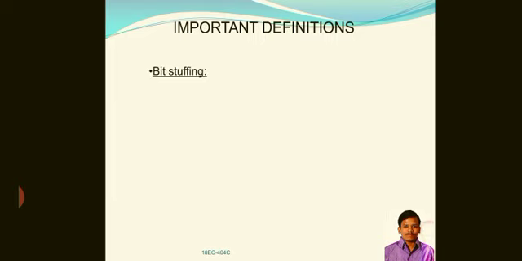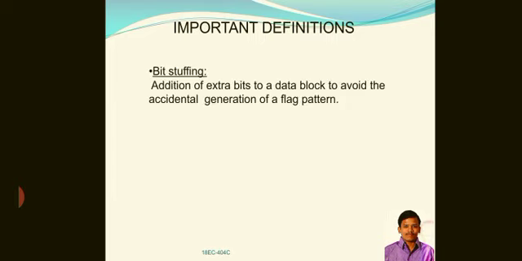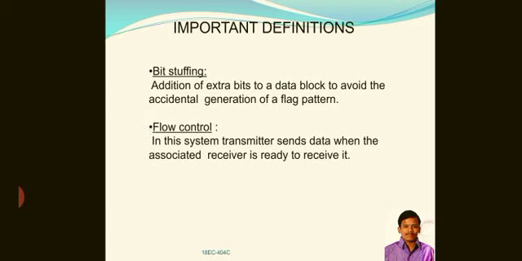Right, now we look at some of the important definitions. Bit stuffing: adding extra bits to a data block to avoid the accidental generation of a flag pattern. Next one, flow control: in this system, the transmitter sends data only when the associated receiver is ready to receive it.